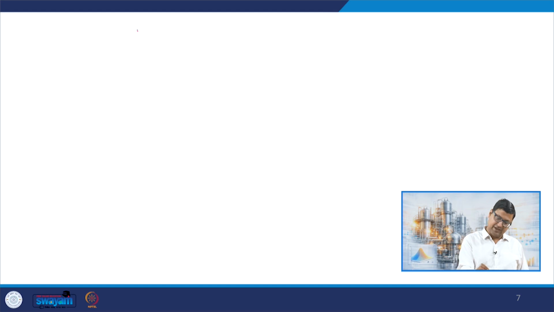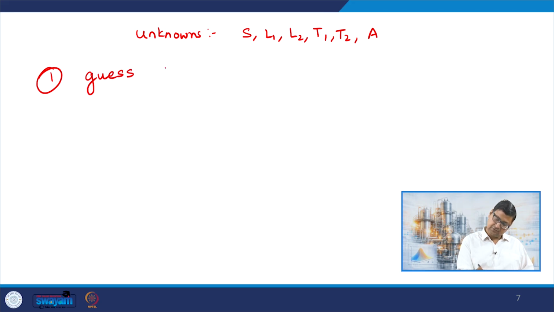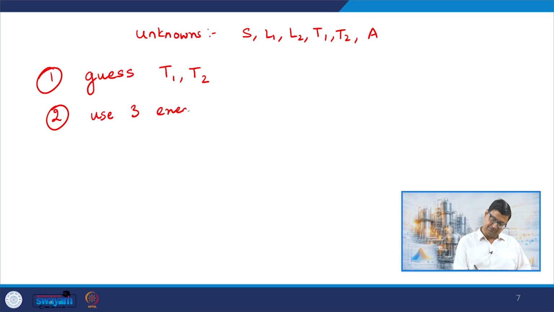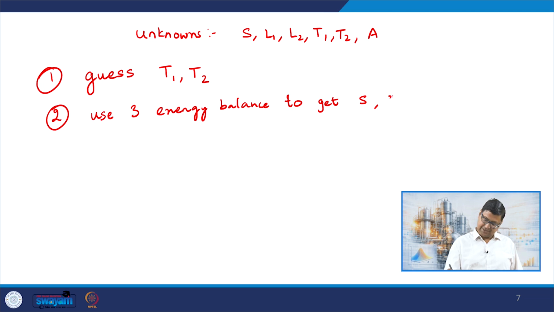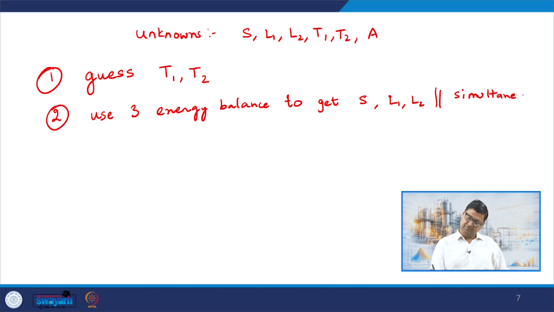So now we have a scheme. So we have actual unknowns S, L1, L2, T1, T2, A. So first step, I will guess T1, T2, and second step, once I have guessed it, I can use the three energy balance equations, the first three equations we had, to get S, L1 and L2, and this will require a simultaneous solution, but only of three equations.